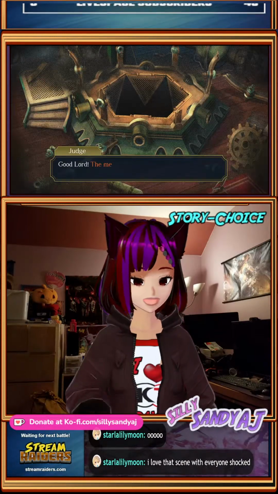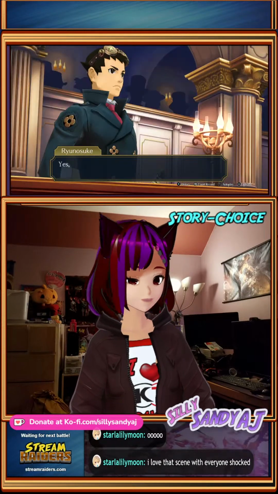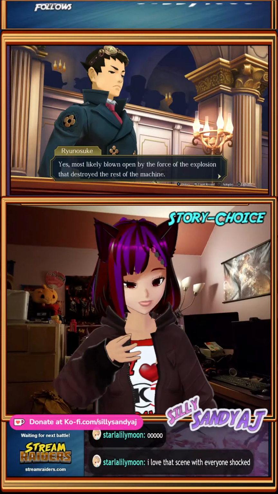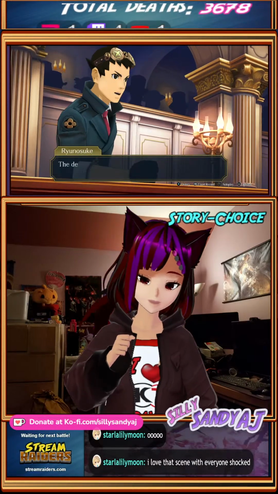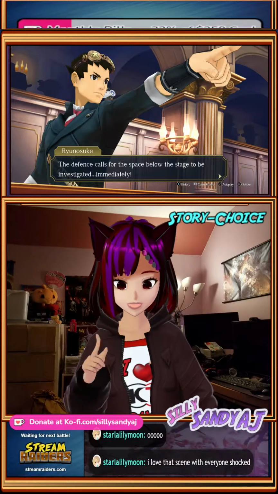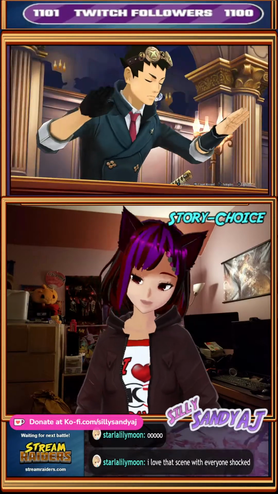Cha-chong! Good lord, the metal grill that formed the floor of the machine is undone. I knew that. That's why I said it looked like a trapdoor. And yes, most likely blown by the force of the explosion that destroyed the rest of the machine. The defense calls for the space below the stage to be investigated immediately.